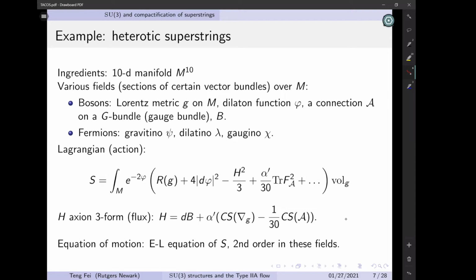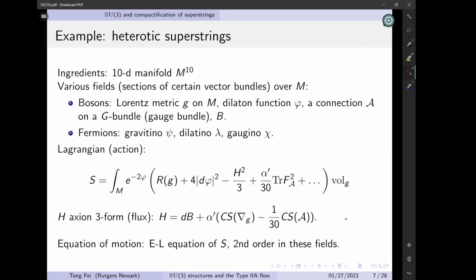And in string theory, there's a Lagrangian or action. I guess the mathematical terminology for this is a functional. Let's call it S. So this is a function of all these fields. So it looks like this. Here I'm only giving what's called the bosonic part, because all these expressions involve only bosons.